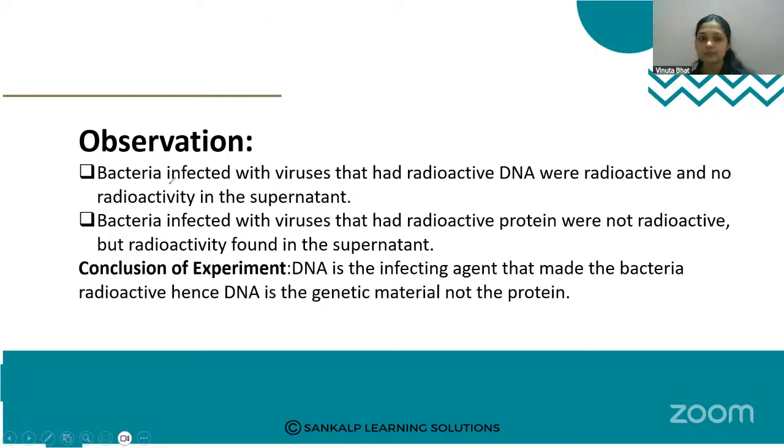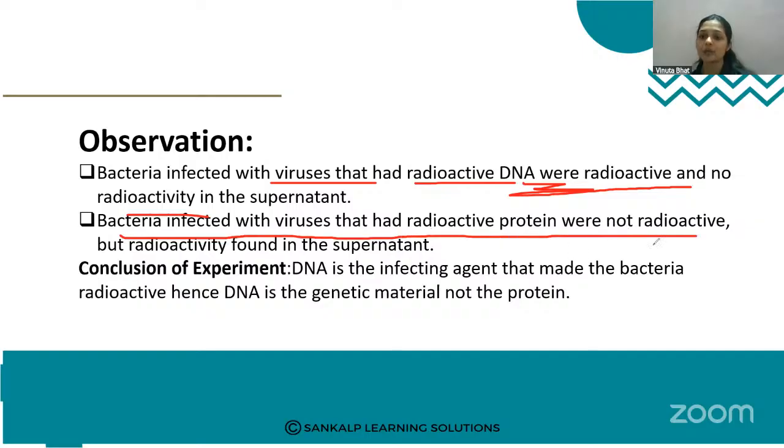Here, the virus that had radioactive DNA, the radioactivity was present in the cells, not in the supernatant. Bacteria infected with viruses that had radioactive protein were not radioactive, but radioactivity was found in the supernatant.